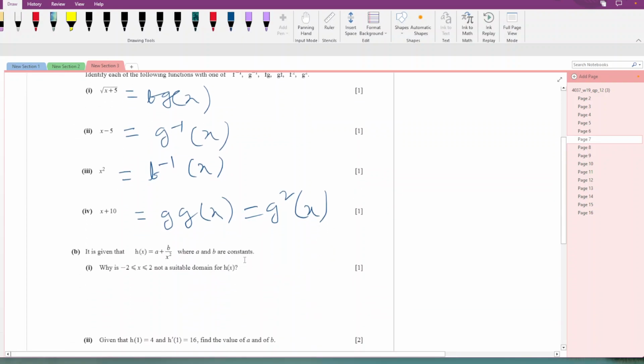Now part B, it is given that s(x) equals a plus b by x squared, where a and b are constants. At 1, y is minus 2.